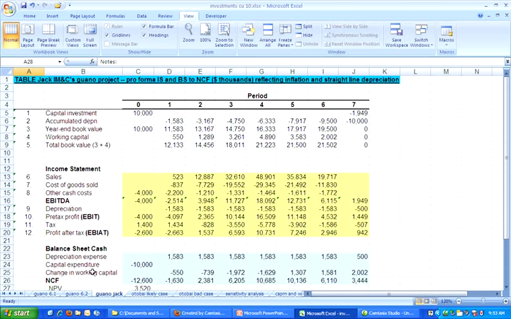This format allows for the clear presentation of a pro forma project income statement as the starting point for determining the net cash flows in each year. The pro forma income statement is presented here in this central part of the worksheet, and the relevant numbers for the income statement are highlighted here in maize.